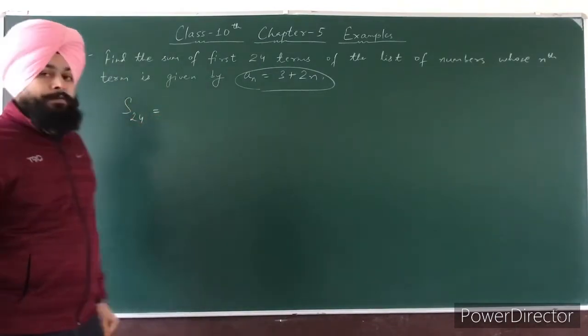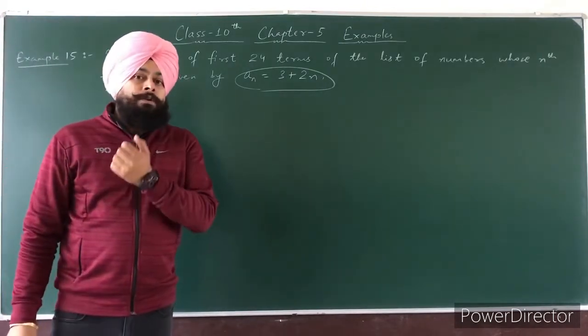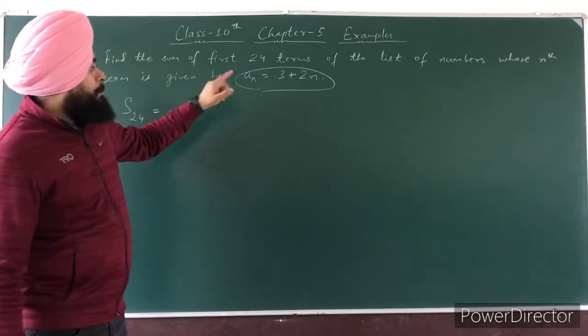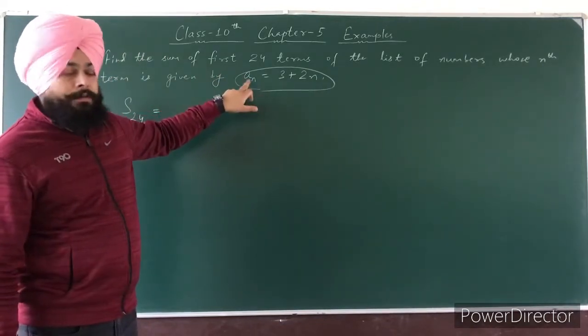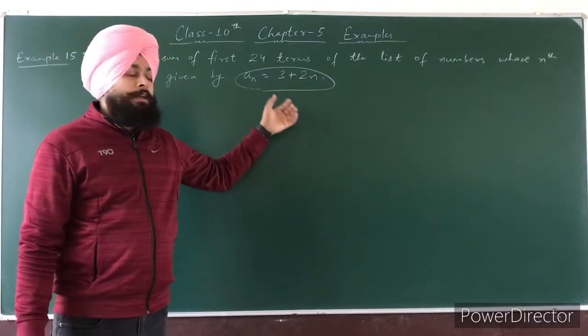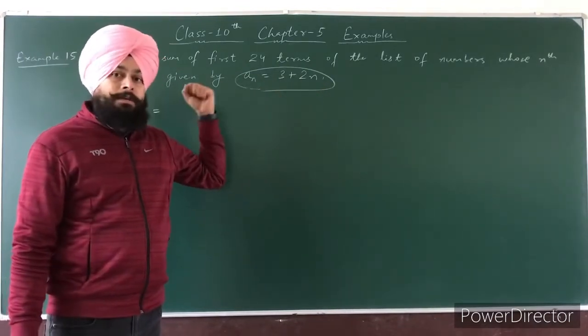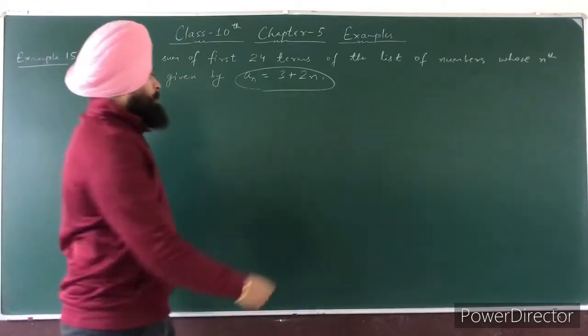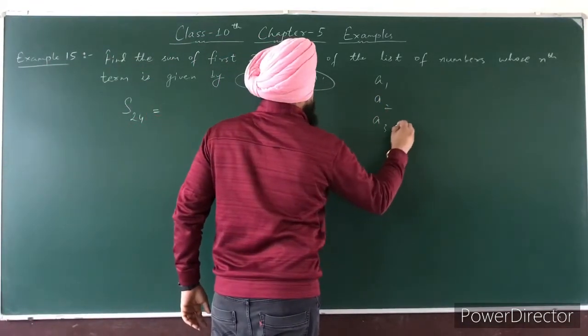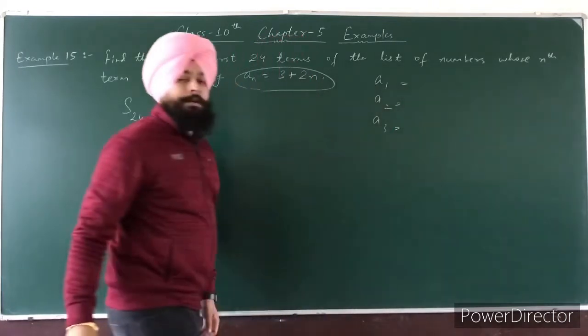To find this sum we first need to find the AP series. The general term is given, an equals 3 plus 2n, which is the nth term of the AP. So first we will find a1, a2, a3 to get the AP series.